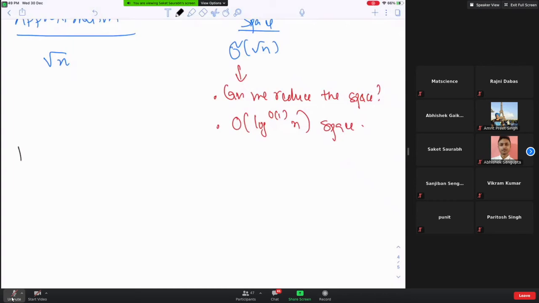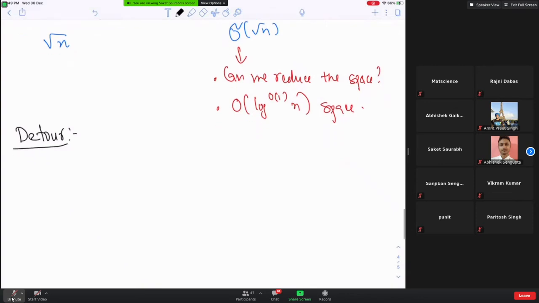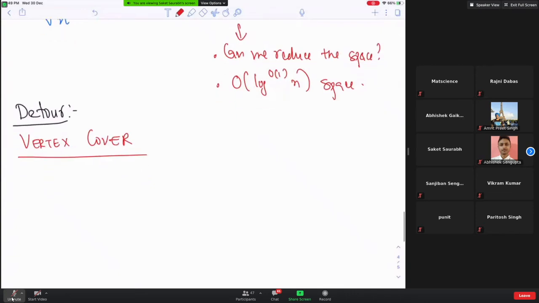We are going to take a detour as we did last time for patience sorting. This detour is that I'm going to look at the decision version of the problem, vertex cover. Forget it, we'll come back to this. Vertex cover: what is my input?